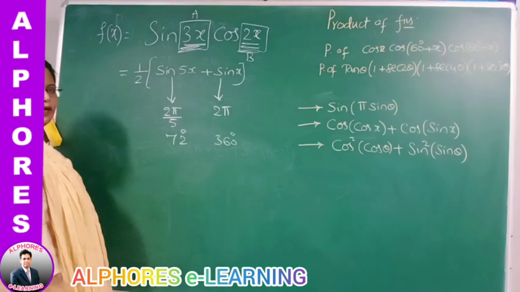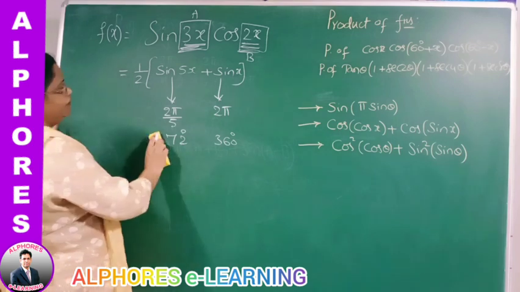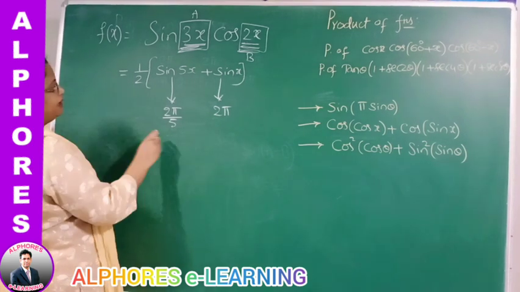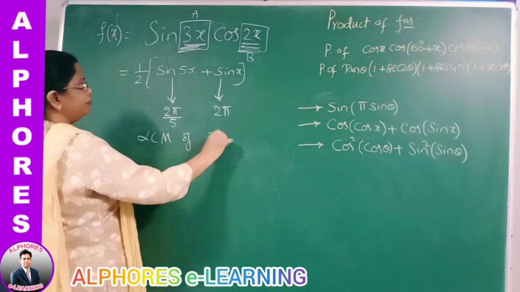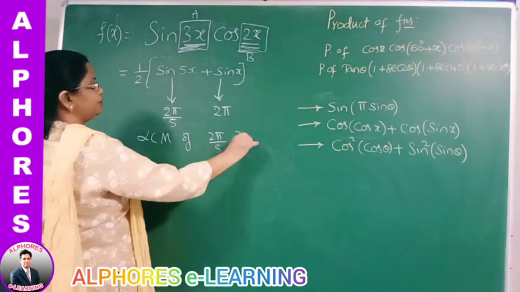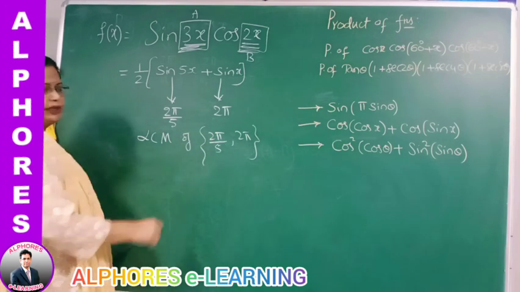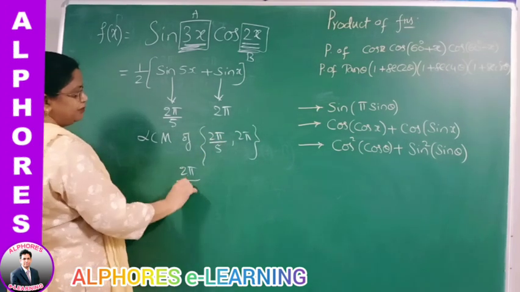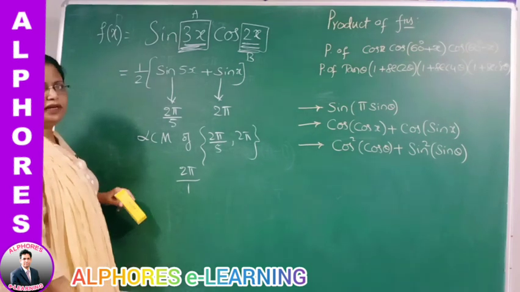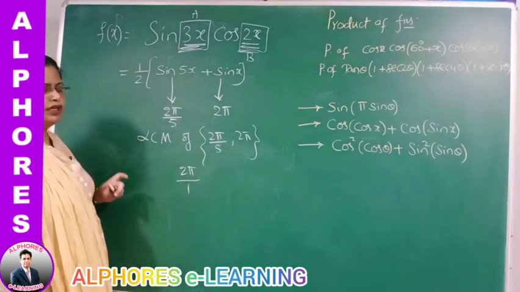So easily you can find the LCM. Immediately, if you are unable to get this, you can take the LCM of 2 pi by 5 comma 2 pi, right? And now the LCM of numerators is 2 pi, the GCD of denominators is 1. So what is our answer, students? It is nothing but 2 pi.